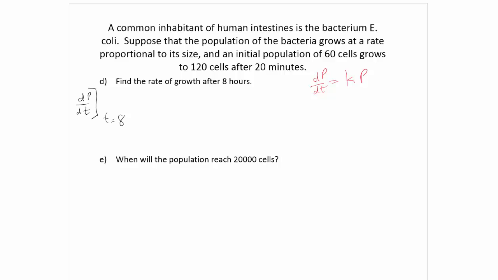So dp dt evaluated at t equals 8 is the same as k times the population evaluated at t equals 8. Now k we've seen is natural log 8. And the population at t equals 8 we answered in the previous exercise, and that was 1.007 times 10 to the 9th power.